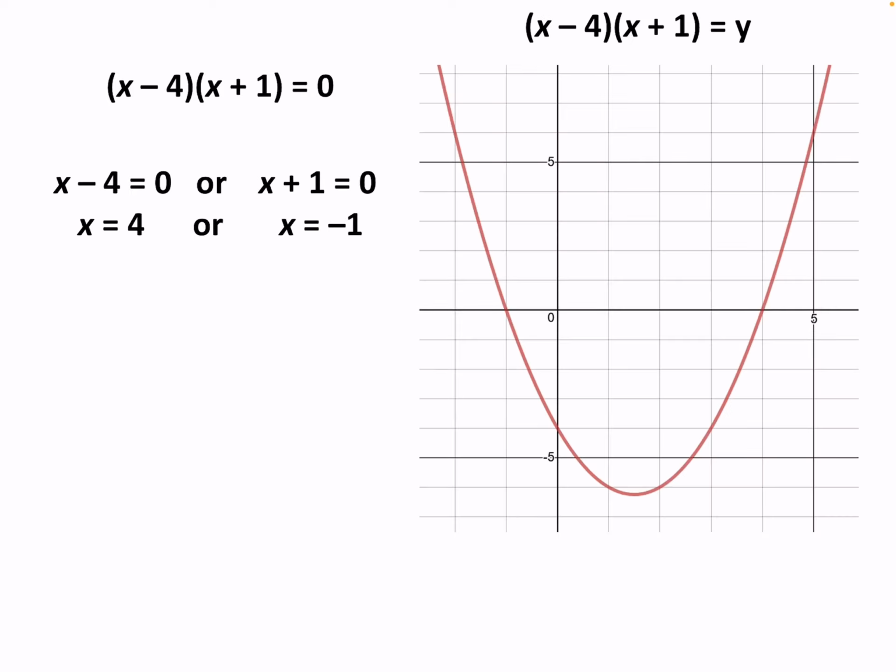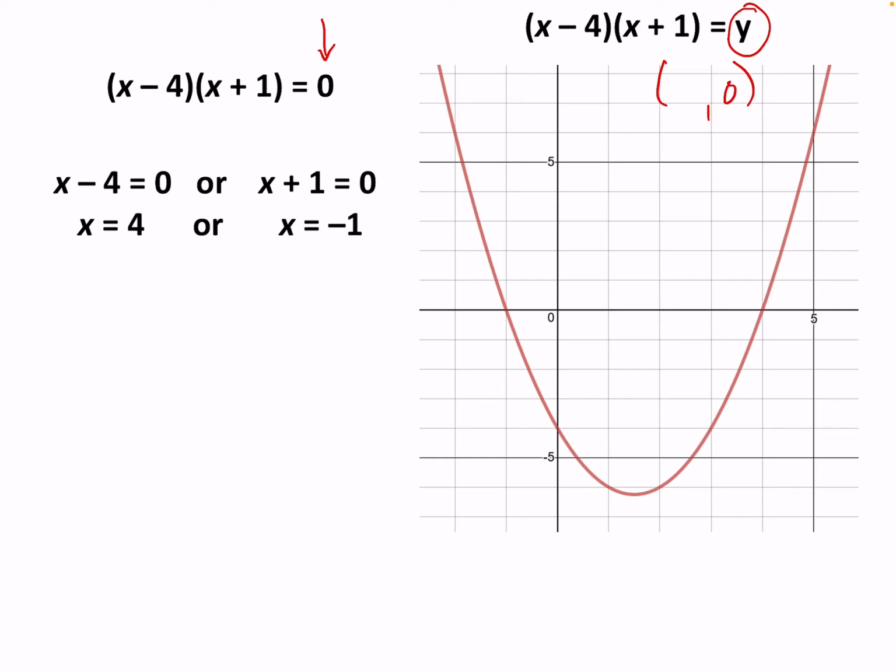I want to show you what this looks like when I graph it. I'm getting just a little bit ahead of ourselves, and that's okay. I want to show you that in this equation right here, I replace the y with 0 right here. And what's always true when y equals 0? When y equals 0, you're solving for an x-intercept.